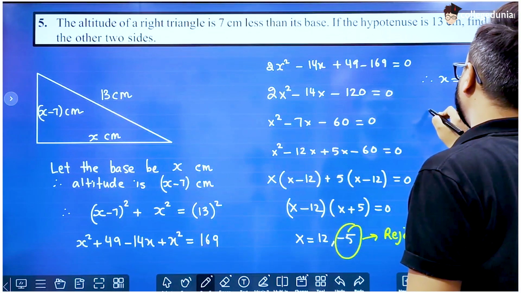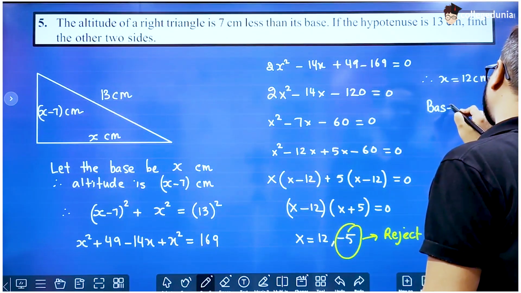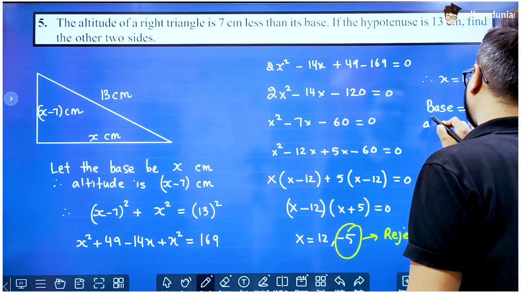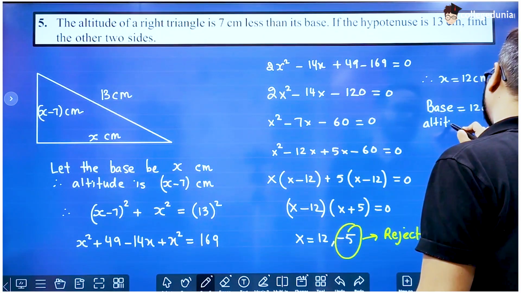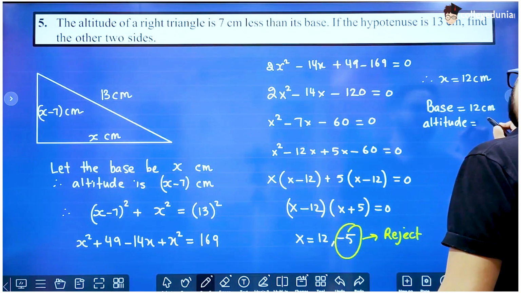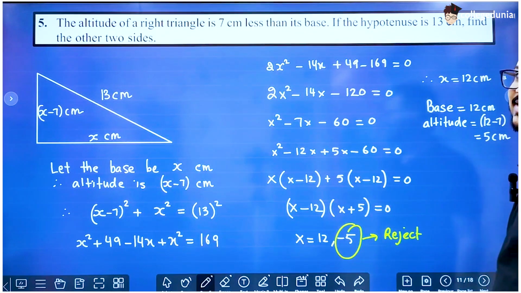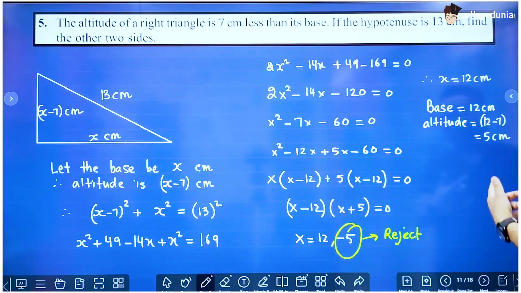So base is 12 centimeter, altitude is 12 minus 7, that is 5 centimeter. And these are following the Pythagoras theorem. They are Pythagorean triplets, 12, 5 and 13.